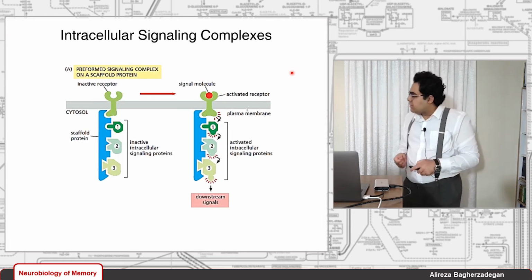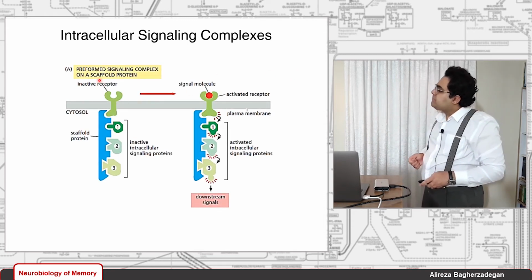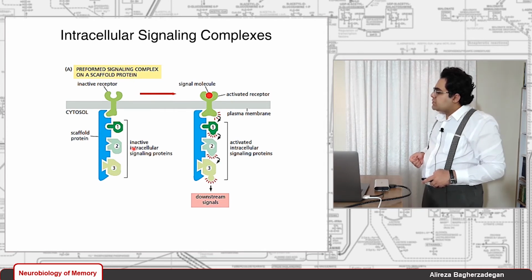Let me show you an example, actually. So, for example, here, we have an inactive receptor. We have a scaffold protein. What it does is to pre-assemble some intracellular signaling proteins, okay?